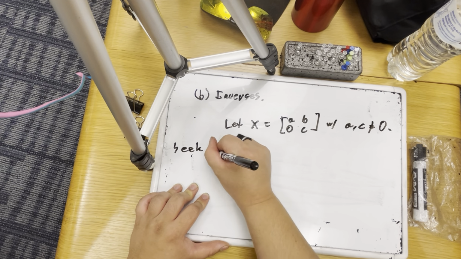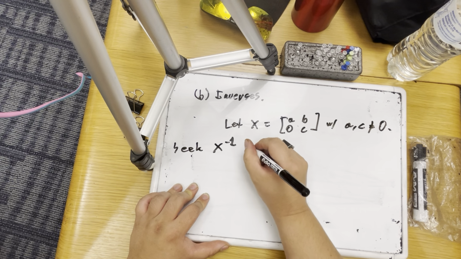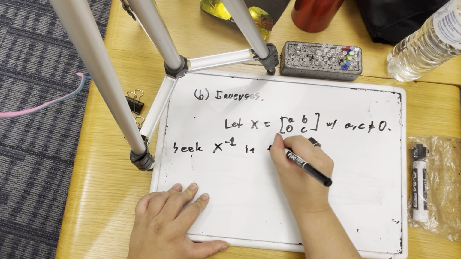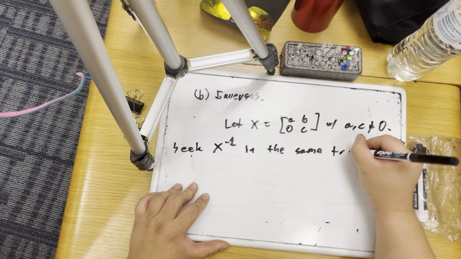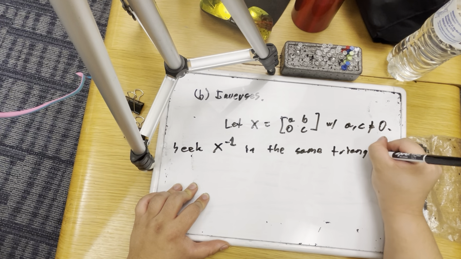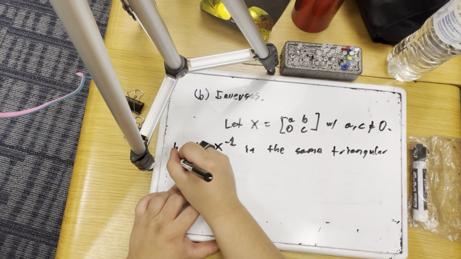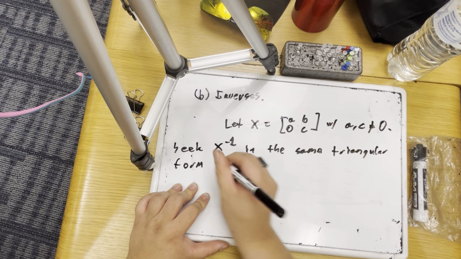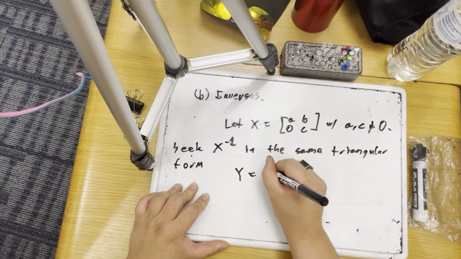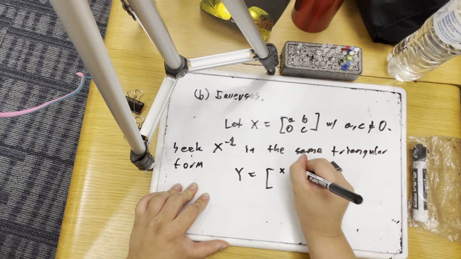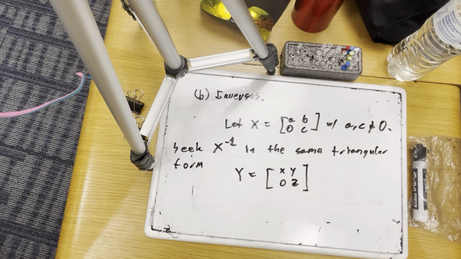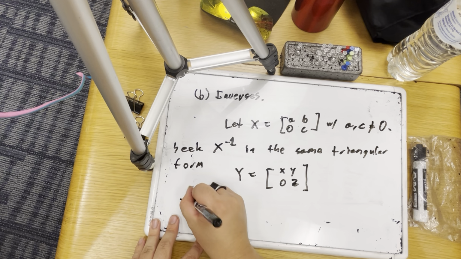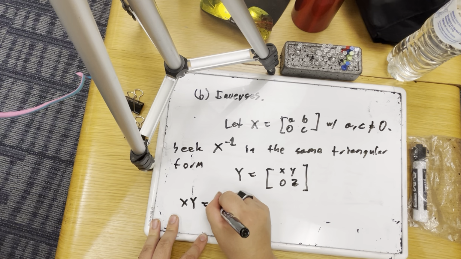Seek the inverse of X in the same triangular form. Okay. Y is equal to X, Y, 0, Z. What would it take for XY to equal the identity?